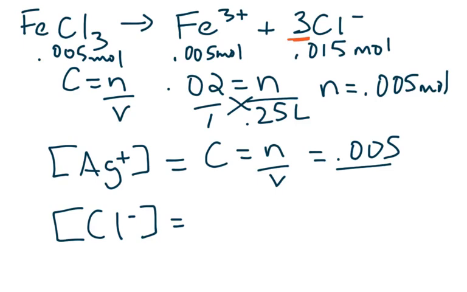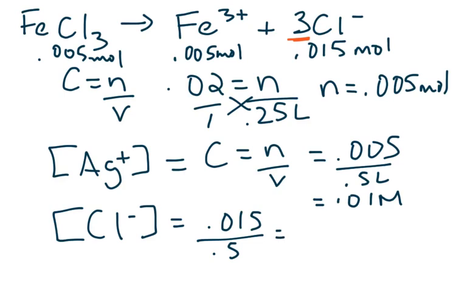So instead of 250 milliliters, it's 500 milliliters, so 0.5 liters. And we get an answer of 0.01 molar. We do the same thing with Cl-. This time our moles are 0.015. Volume is the same, so it's 0.5. And we get 0.03 molar.